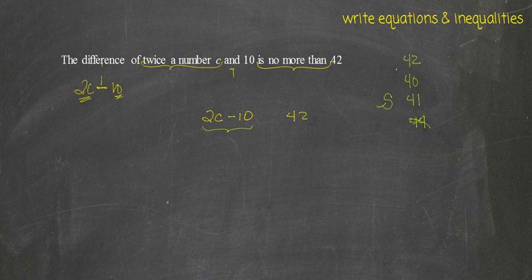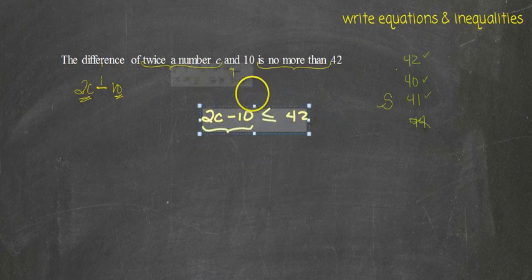It's exactly the same thing. So I'm starting to get a feel for this. I want to say that the things on the left-hand side are smaller than or equal to 42, because these numbers are smaller than and this number is equal to 42, and that's what fits in my scenario.